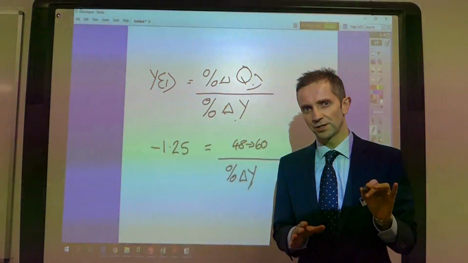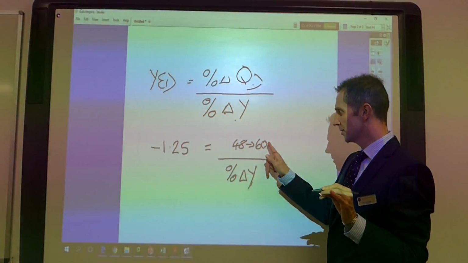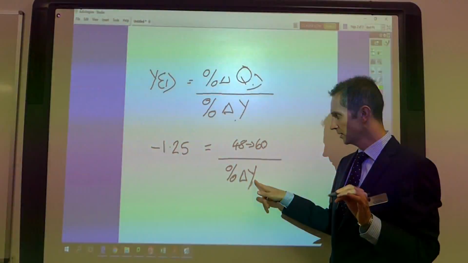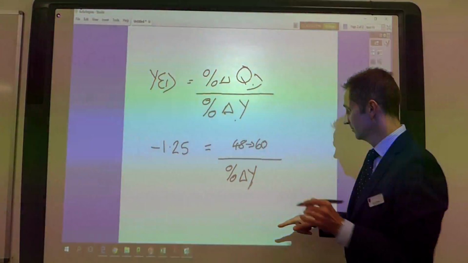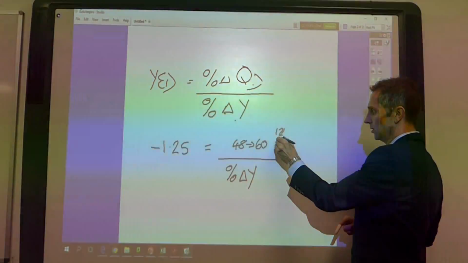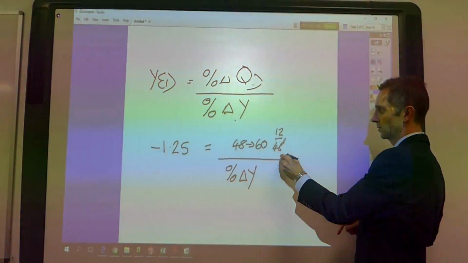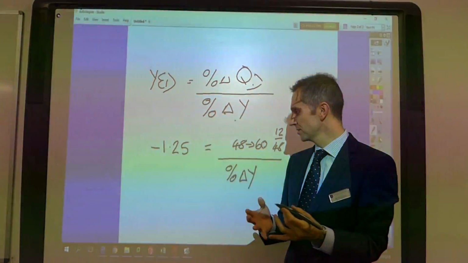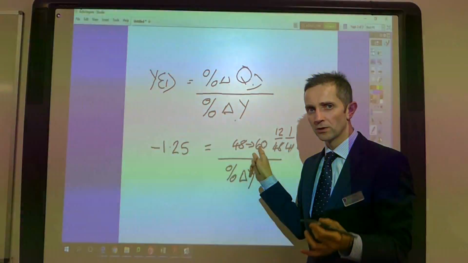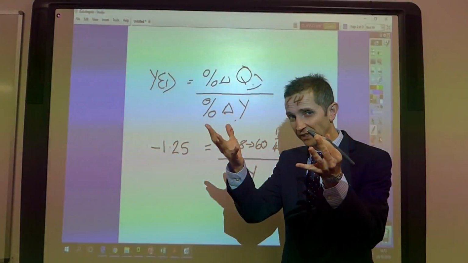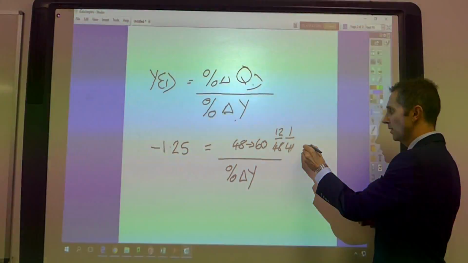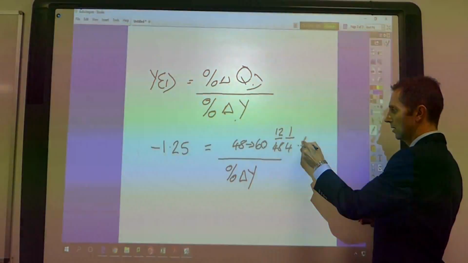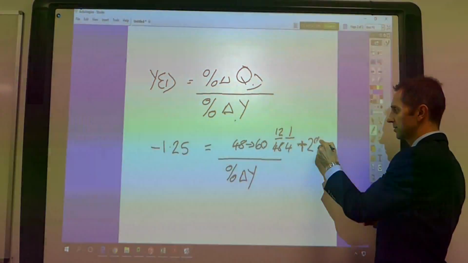So now it's simply a question of working out that as a percentage, and then we can find the missing value. So 48 to 60, so that's obviously 12 over 48. So what's that come down to? 1 over 4, 25%, and it's moving upwards from 48 up to 60, so that is a plus, or an increase, plus of 25%.